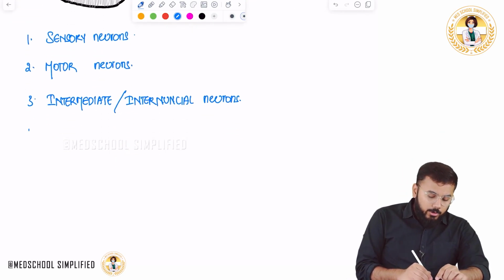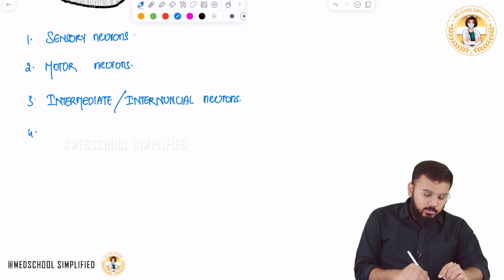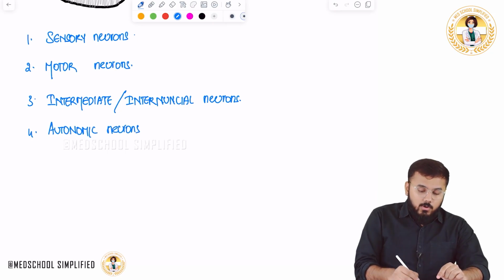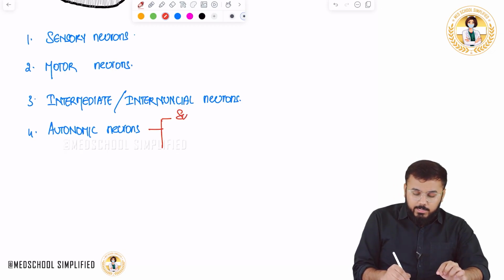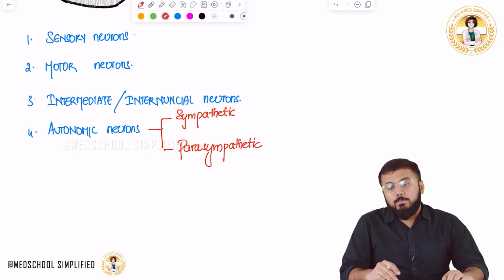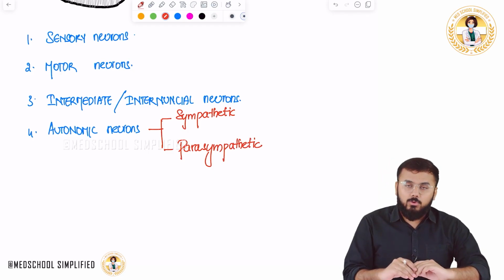And the fourth important type, which I'll be discussing right now, is your autonomic neurons. You know what the two types of autonomic neurons we have got? We have sympathetic neurons as well as parasympathetic neurons, right?